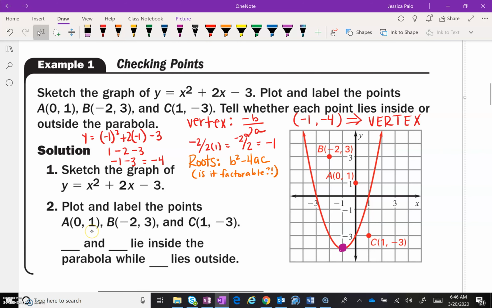And so it would be 2 squared minus 4 times 1 times negative 3, which would be 4 plus 12, which would equal 16. 16 is a perfect square, so this quadratic equation is factorable.